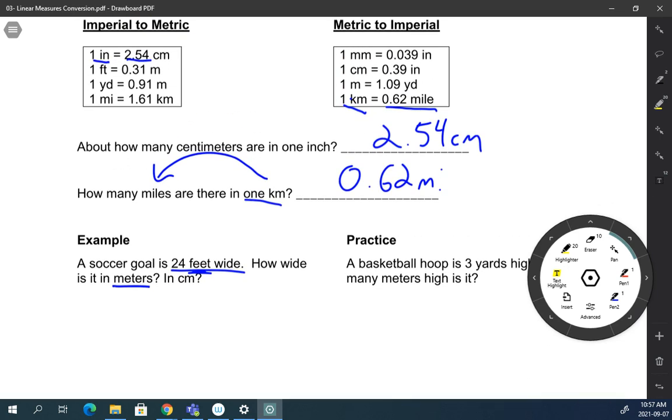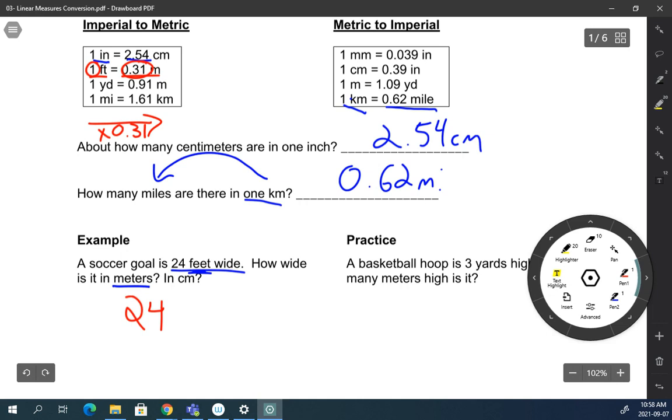We find feet to meters, starting here and going that way. What we do to our 1 to get 0.31 is just multiply. So if we have 24 feet and want meters, we multiply it by 0.31.